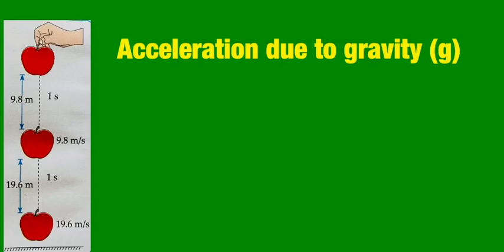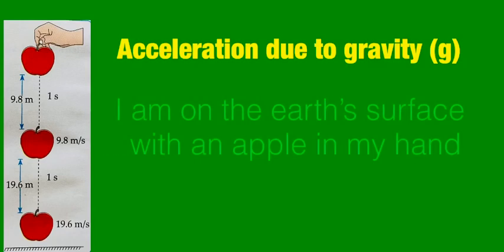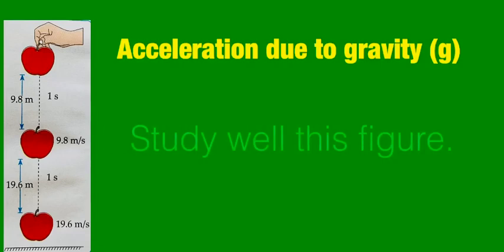Okay, let me explain this figure. I am on the Earth's surface and I have taken an apple in my hand. When I let it fall, it moves towards the Earth. You can see in the figure, in 1 second it covers a distance of 9.8 meters.